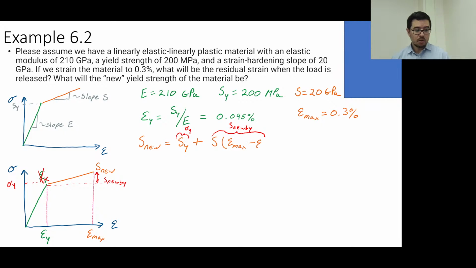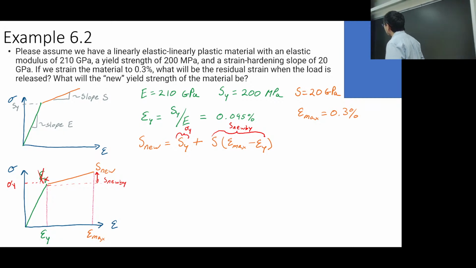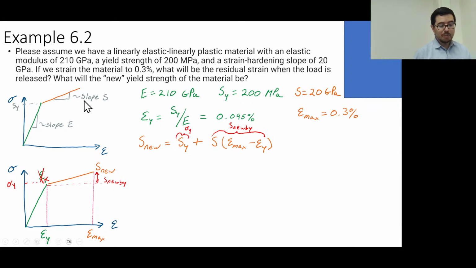So the new stress is going to be this S_Y, which is 200 megapascals, or sigma y, whichever you like, plus this delta between this dashed line and this point. That's why slope S is confusing, but slope S times this x will give us the y.